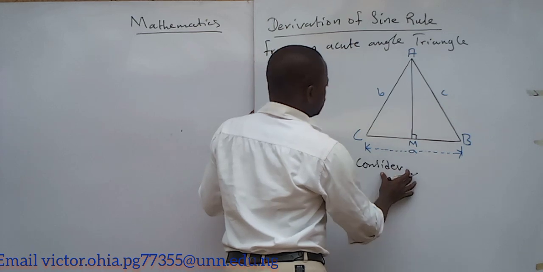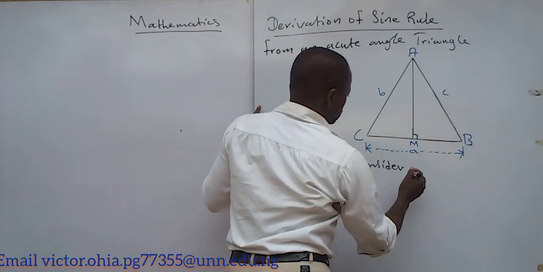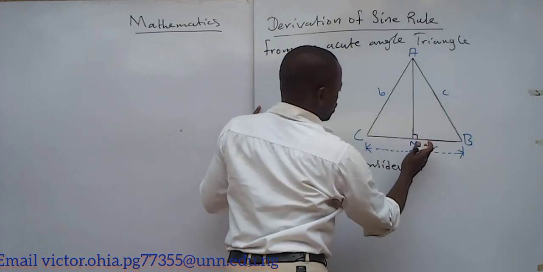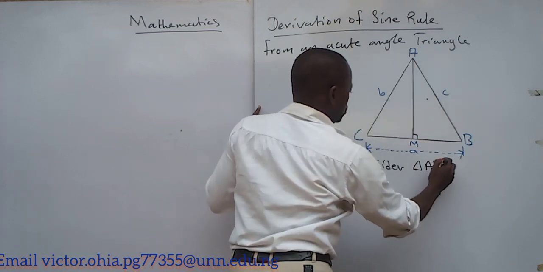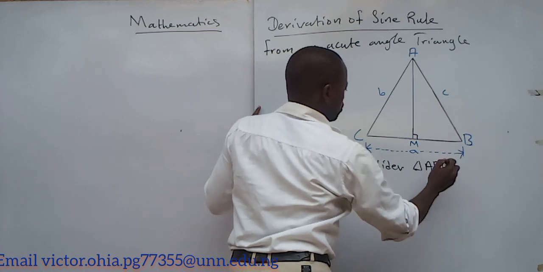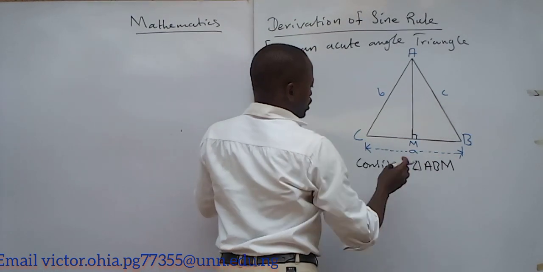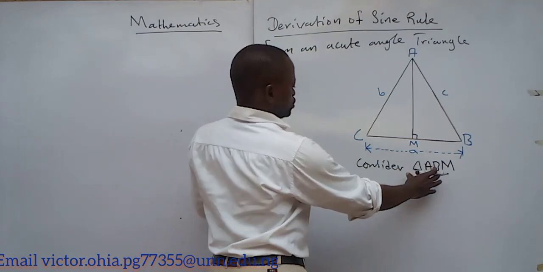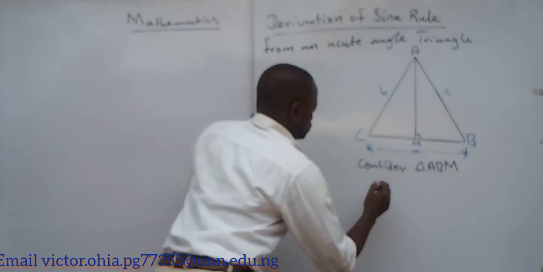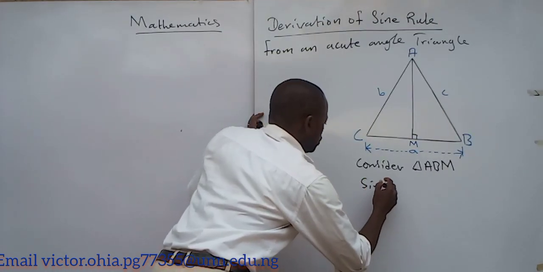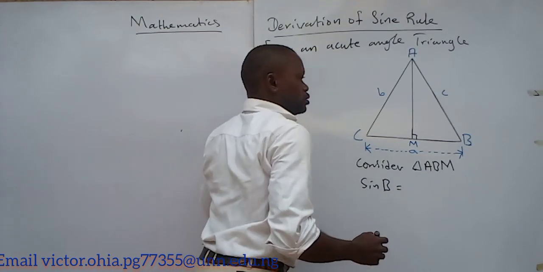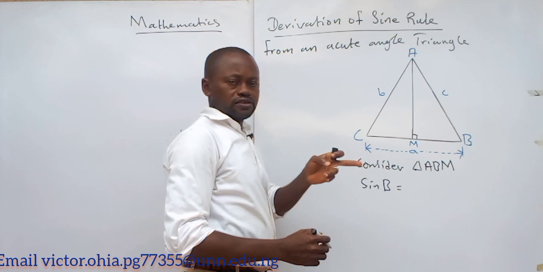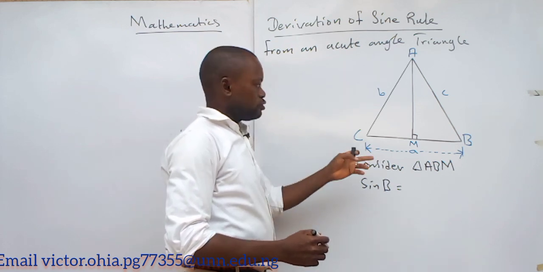Consider this part now, which is triangle ABM. If we consider this triangle, then we can say from this side that sine B, of course, the ratio of the opposite side to the hypotenuse gives us the sine of the angle.